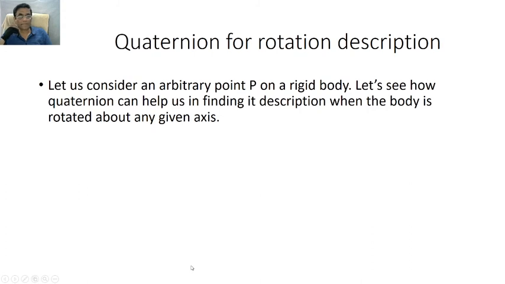After capturing the orientation of a rigid body, now let us see how quaternion can be used for describing the rotation. For that, let us consider an orthogonal coordinate frame and a rigid body.